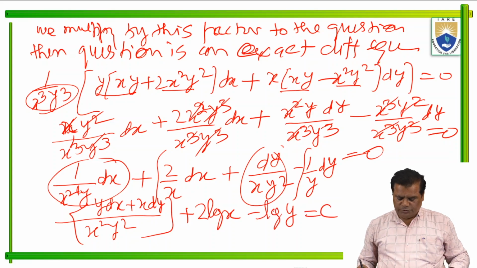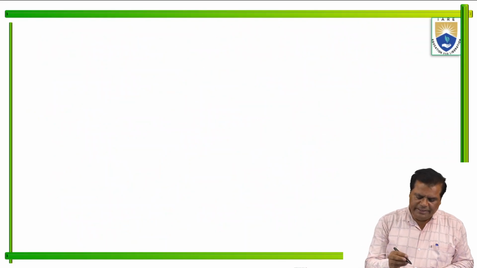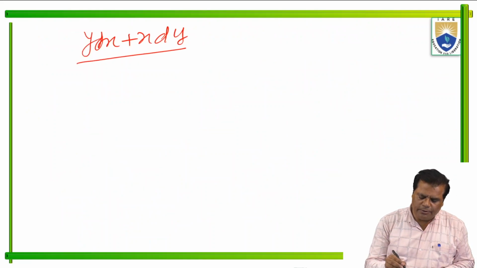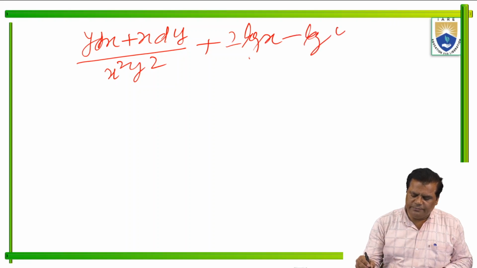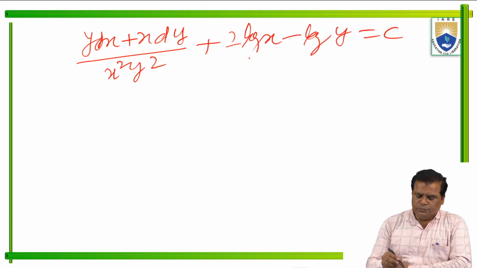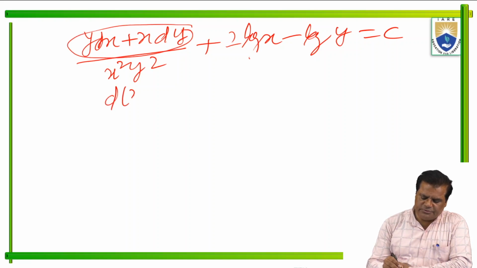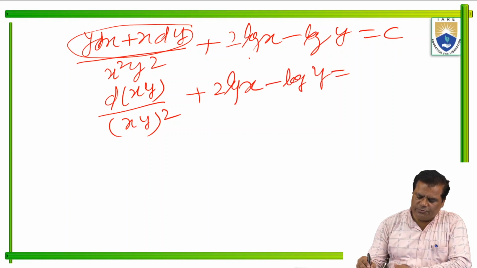So integrating this term: y dx plus x dy upon x square y square, plus 2 log x minus log y equal to c. Here this is xy whole. This result is d of xy upon xy whole square, plus 2 log x minus log y equal to c.